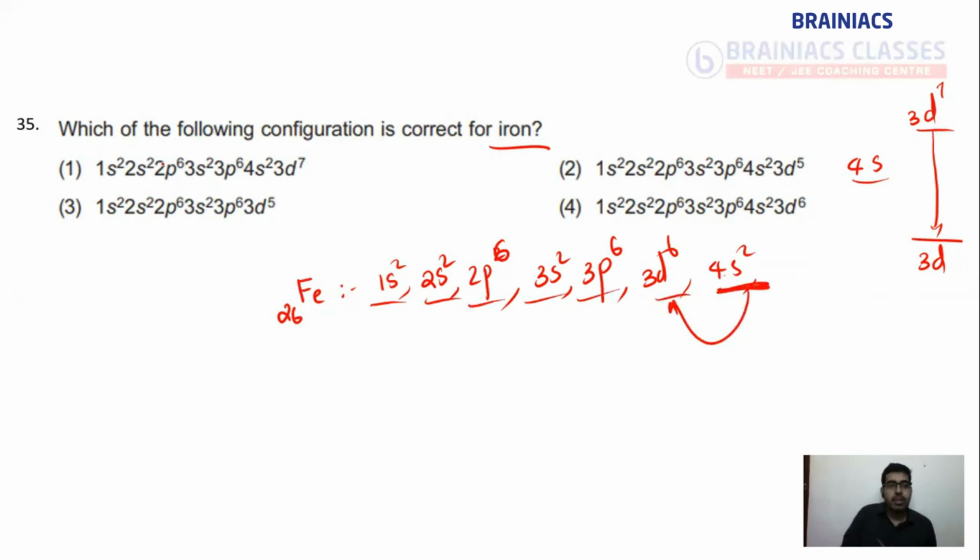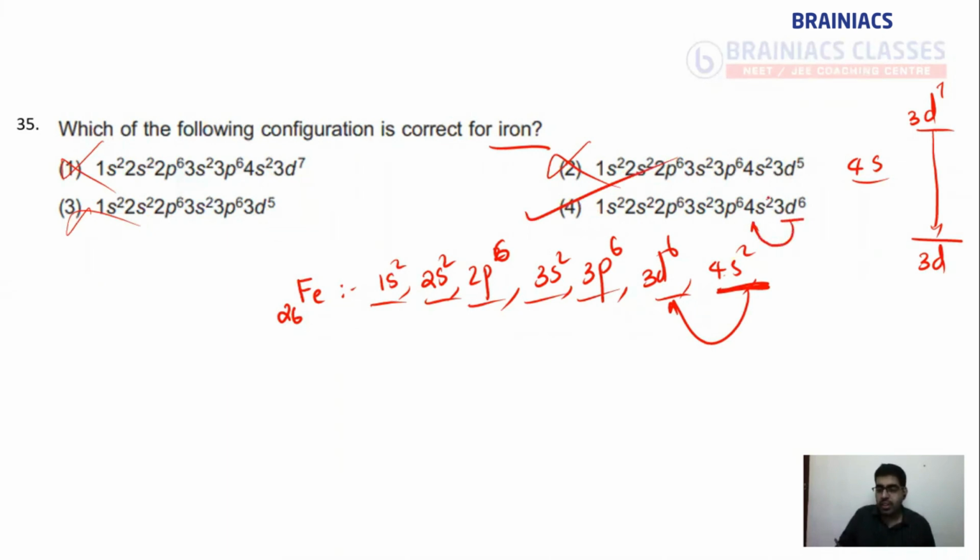I think it's clear. So 1s2, 2s2, 2p6, 3s2, this is not the right answer. 1s2, 2s2, 2p6, 3s2, 3p6, 4s2, 3d5, this is not the right answer. 1s2, 2s2, 2p6, 3s2, 3p6, 3d5, no 4s. 1s2, 2s2, 2p6, 3s2, 3p6, 4s2, 3d6, this is the right answer, but they have not written 3d before 4s.